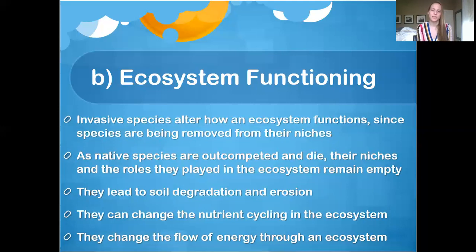This can lead to things like soil degradation and erosion, especially if it is a plant species that we're talking about losing. They can also change how nutrients are cycled through that ecosystem and how energy flows through that ecosystem. And when we're talking about energy, what we're really talking about there is the food web.